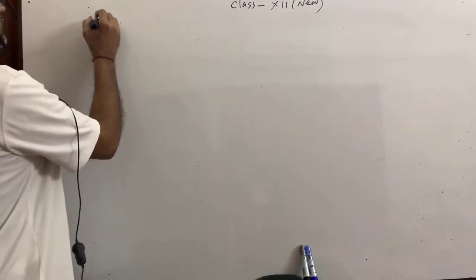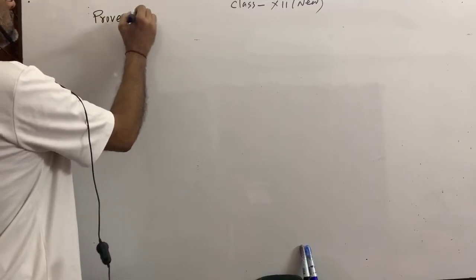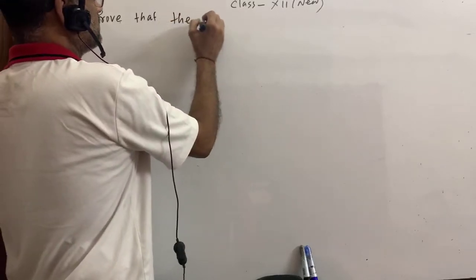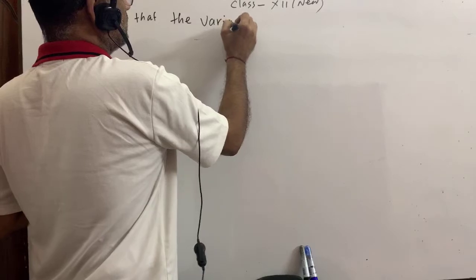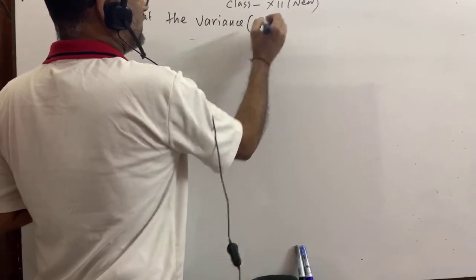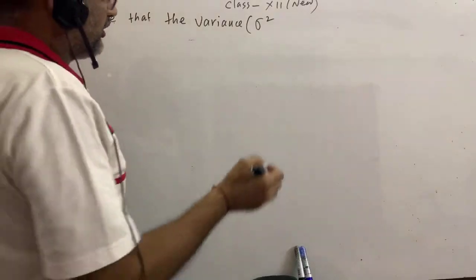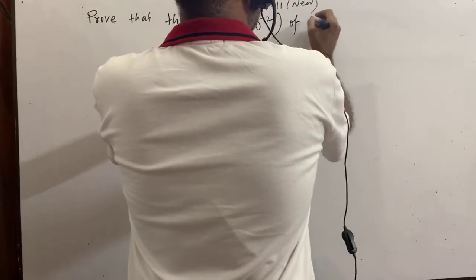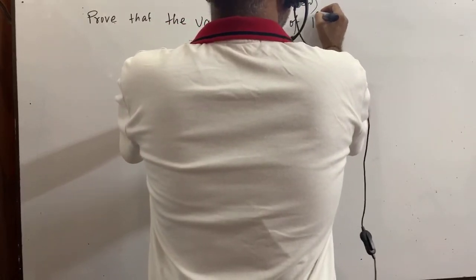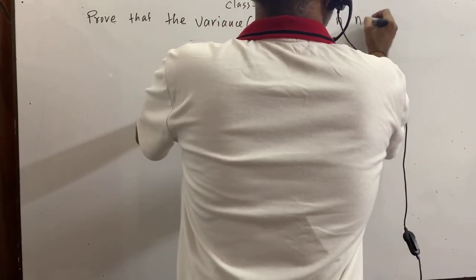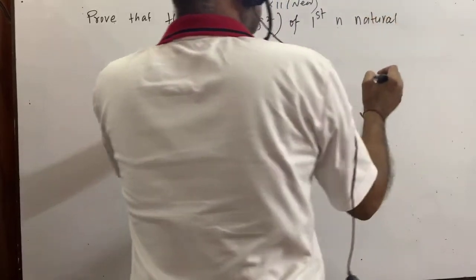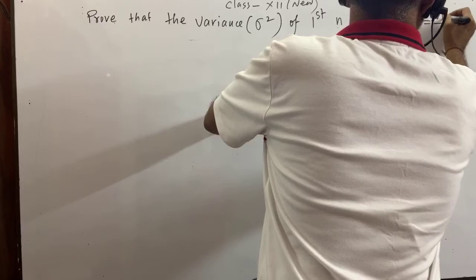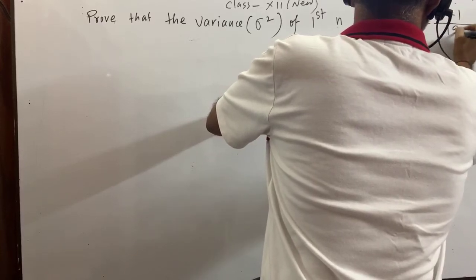Prove that the variance, sigma square, of the first n natural numbers is equal to n square minus 1 by 12.